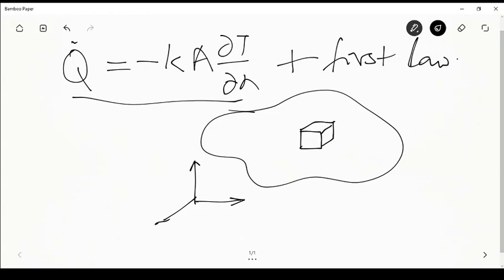So this is x, this is y, and this is z. Now this cuboid can be taken out and enlarged in size so that we can write the heat conduction equation for it. So let's draw that on a slightly larger scale here.